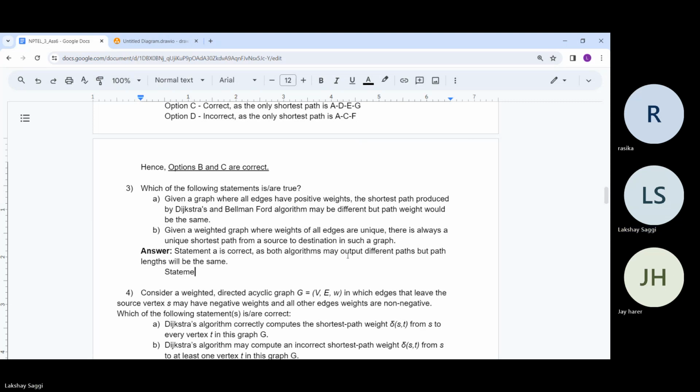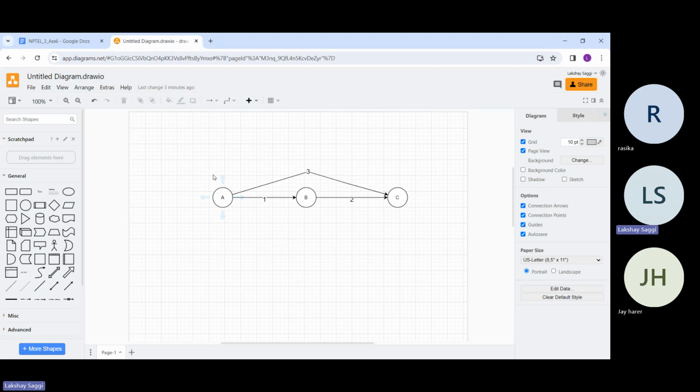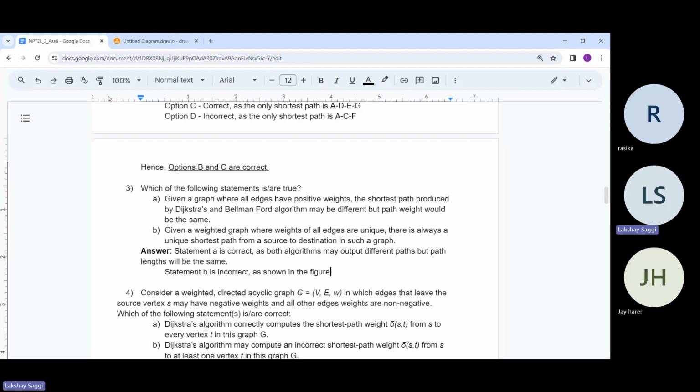And statement B is incorrect as shown in the figure. The figure is the one which I showed you guys. I'll attach this figure while uploading this document.